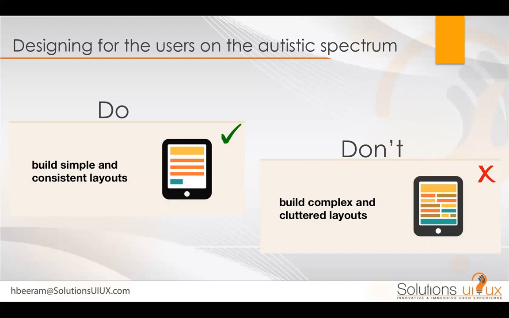Let's say the layout of BBC.com or The Wall Street Journal works very well for people with normal vision, but that layout might be very challenging for people with cognitive disabilities. So don't build complex, cluttered layouts with all this complexity. Complexity is an enemy of execution. Not even normal people like too much complex information.